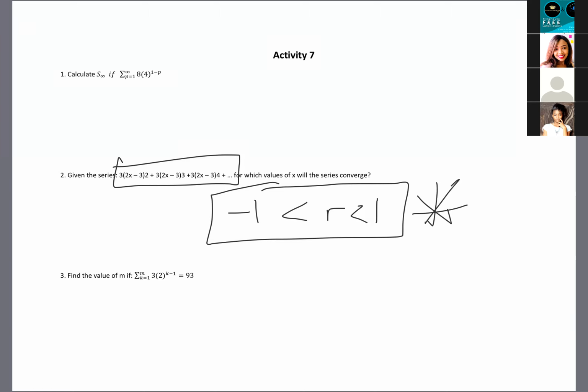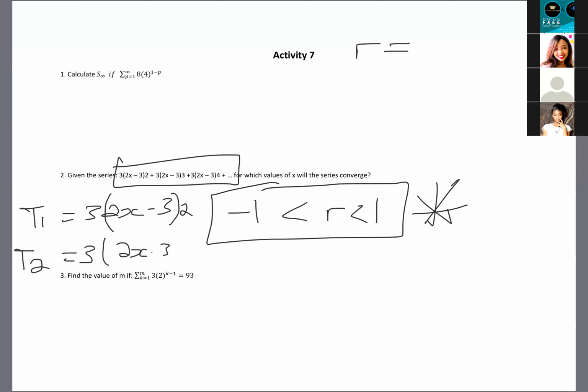You need to know this, right? So now if you have a question like this, if they say for which values of x will the series converge, the first thing you need to work out is what's my R. So what they gave me here is T1 is equal to 3, open bracket 2x minus 3, close bracket 2. T2 is equal to 3, 2x minus 3, and they have a 3.